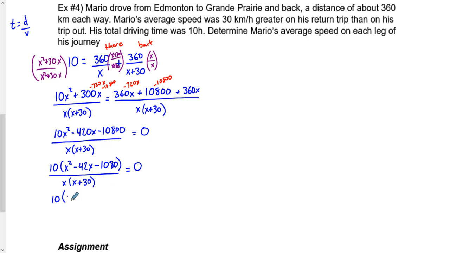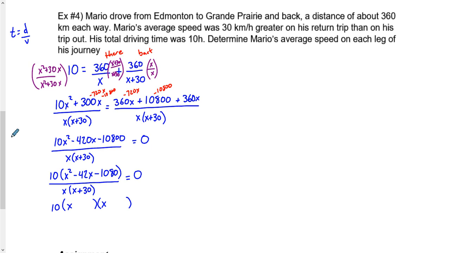It's going to factor as a nice simple trinomial. And what would our nice numbers be? Our nice numbers would be a negative 60 and a positive 18. X, x add 30.